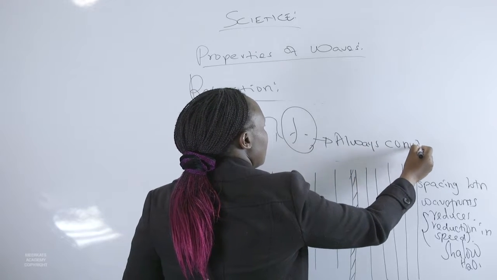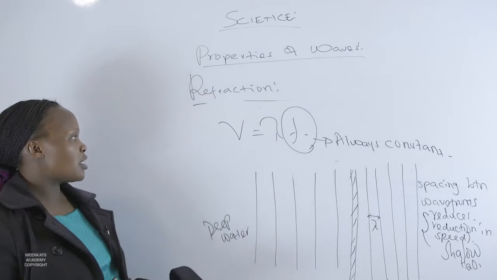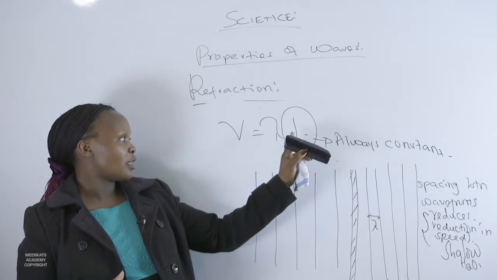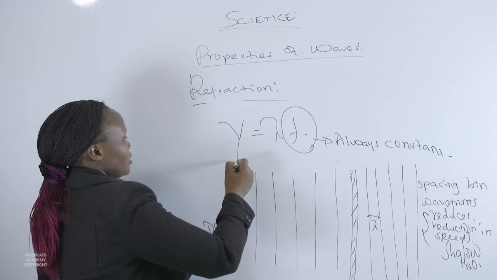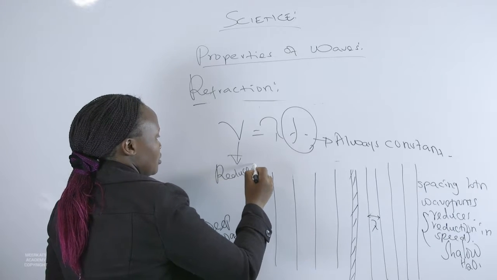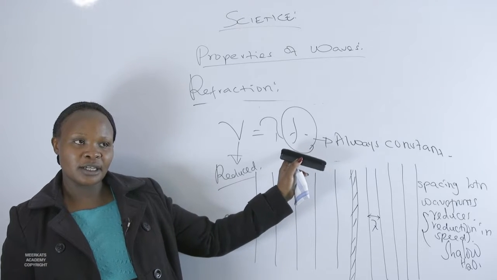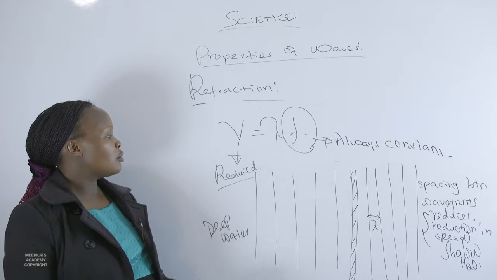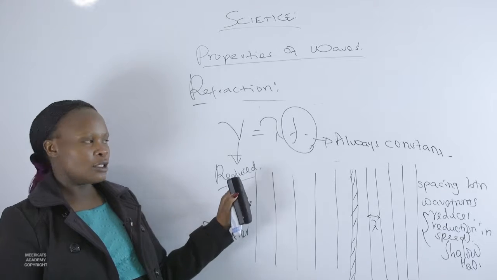Now, if speed is a product of wavelength and frequency, and we claim that our speed has reduced, it means that on the right-hand side, we ought to have another factor that will reduce proportionally to the reduction in speed.